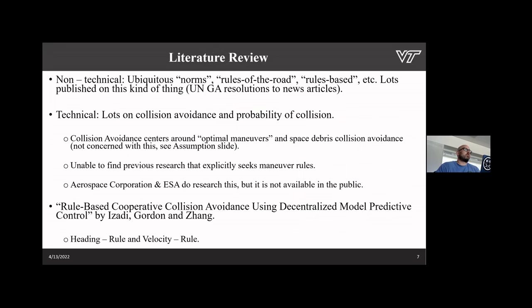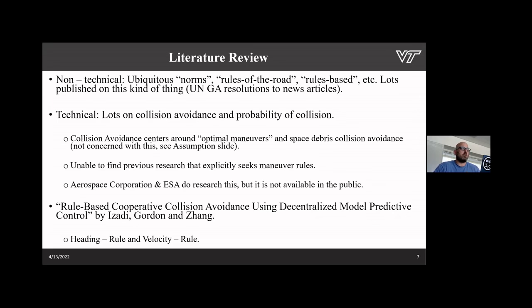So, literature review: there's a ton on collision avoidance in general. Probability of collision is a big thing. But in my assumptions, as you'll see when I get into the methodology, I assume a risk of collision exists, so I sidestep the probability of collision question.